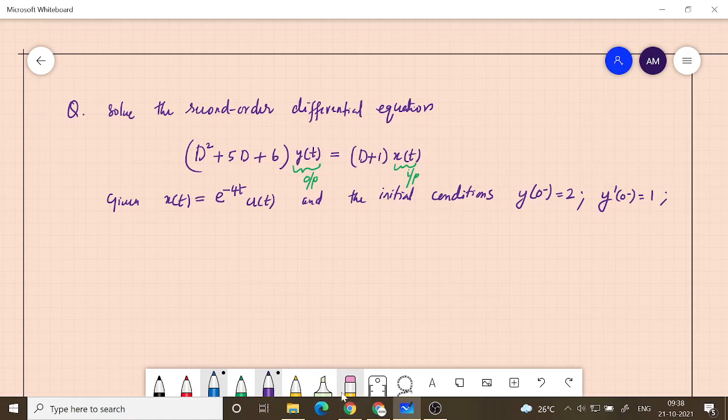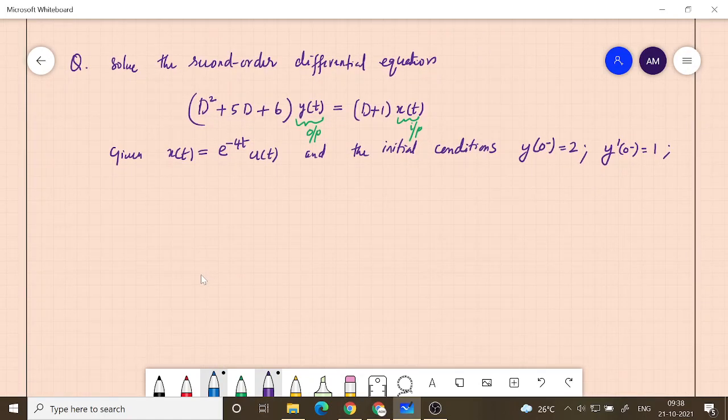So let us rewrite this equation to solve it. Whatever is given is d square y by dt square, that is this capital D square here, plus 5 dy by dt. y is the response, unknown, which we are interested in finding out, plus 6y of t.